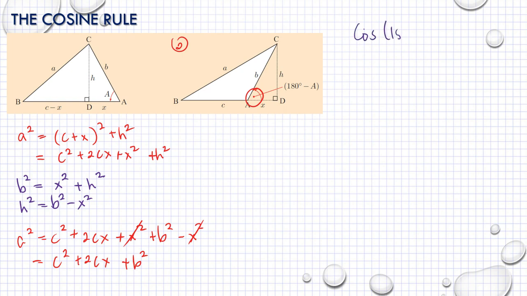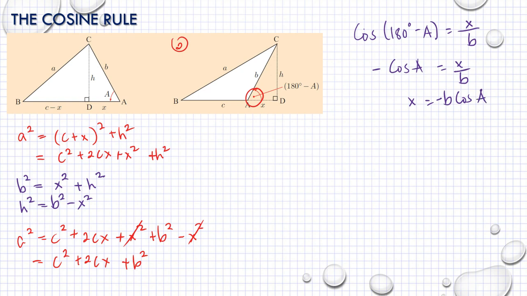Cosine of (180 degrees minus A) is equal to the adjacent side X divided by the hypotenuse B. And we know that cosine of 180 minus A is in the second quadrant, which means it is negative. So negative cosine A is X divided by B. So we have X is equal to negative B cosine A.